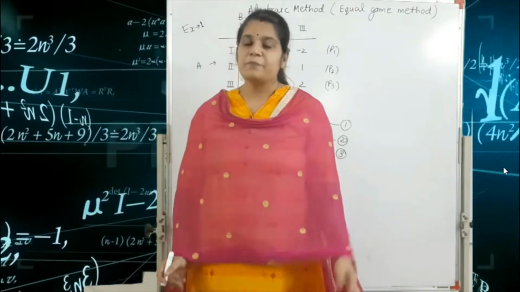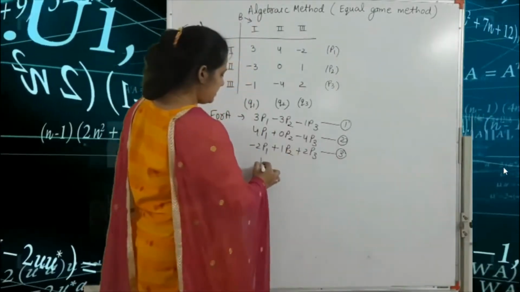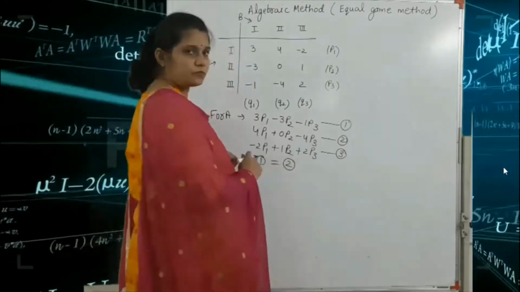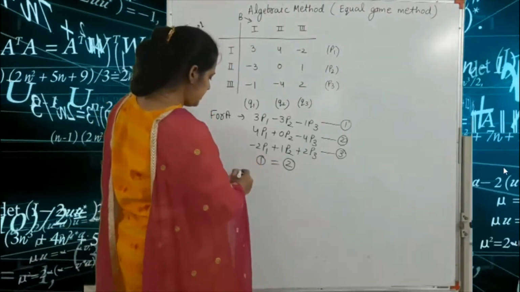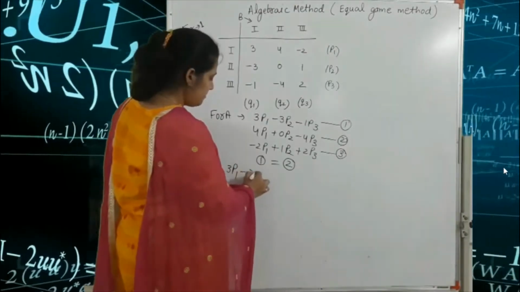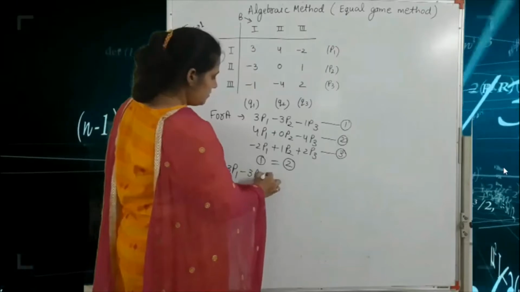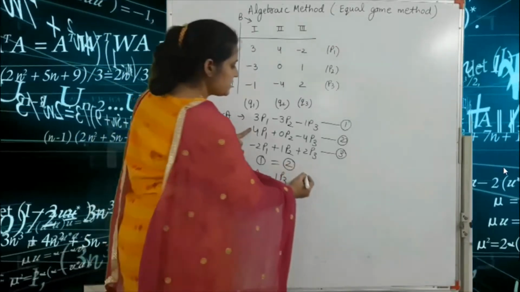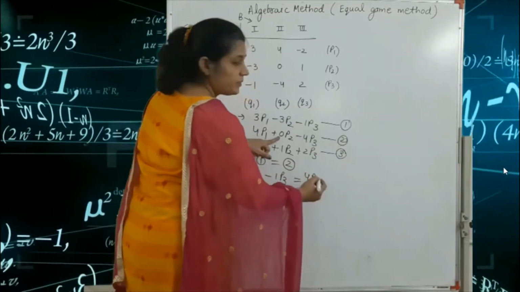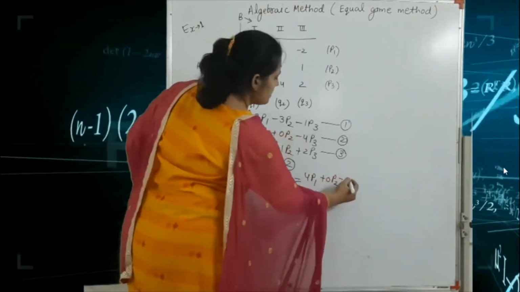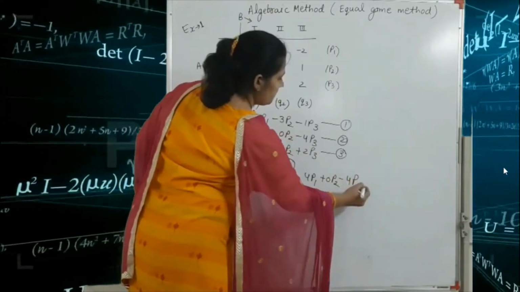Next step is we write equation 1 equal to equation 2. That means 3P1 minus 3P2 minus 1P3 is equal to the second equation, 4P1 plus 0P2 minus 4P3.